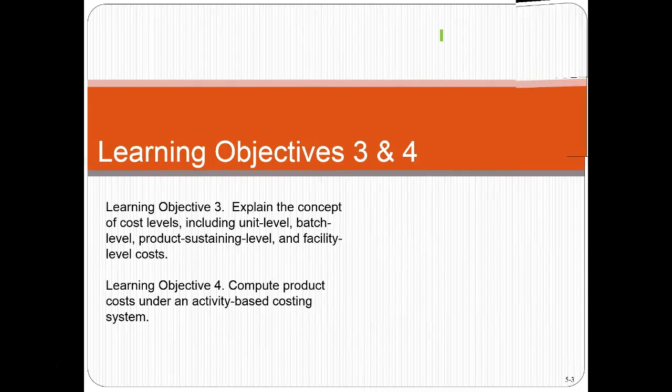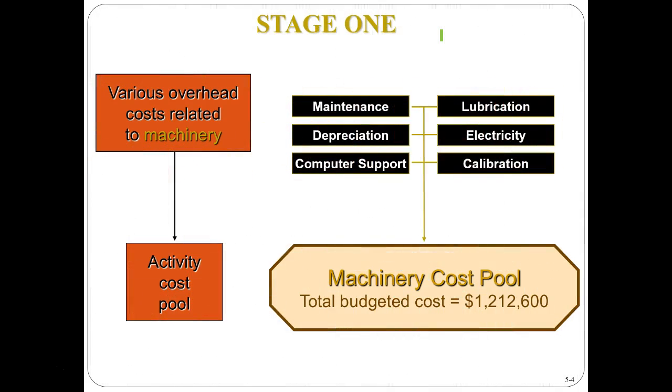So moving forward then, let's take a look at the first one, which we had the various overhead costs in machinery. So if we took a look at machinery, these are the items in machinery: maintenance, depreciation, computer support, lubrication, electricity, and calibration. That adds up to a cost pool of $1,212,600.